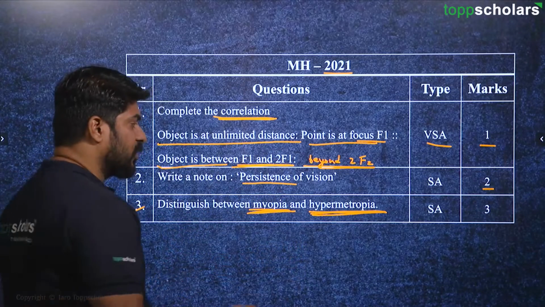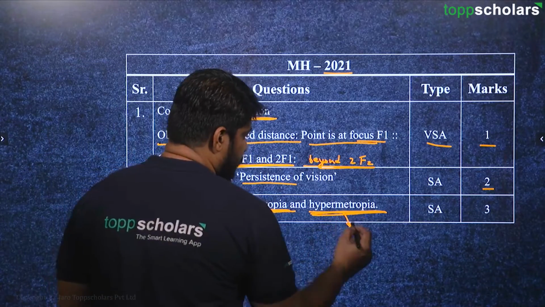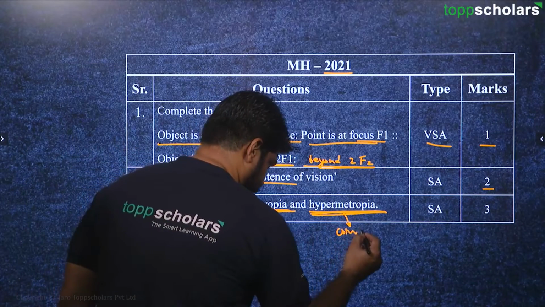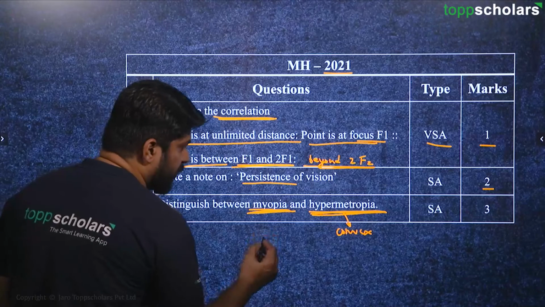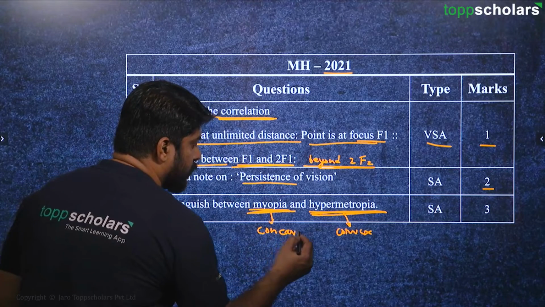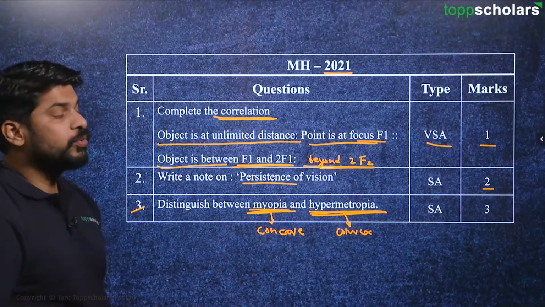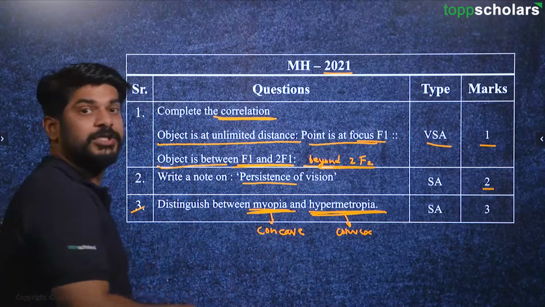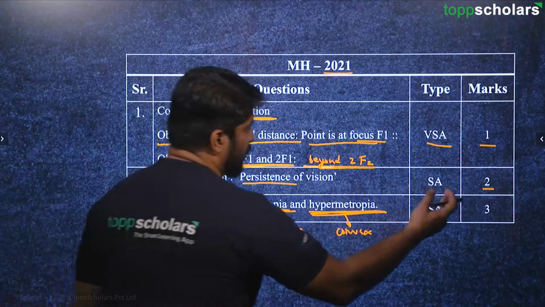For example, hypermetropia is a defect for which we use convex lenses, and myopia is a defect for which we use concave lenses. So this is what you have to talk about, and you have to write 4 to 5 points for this to get full marks.